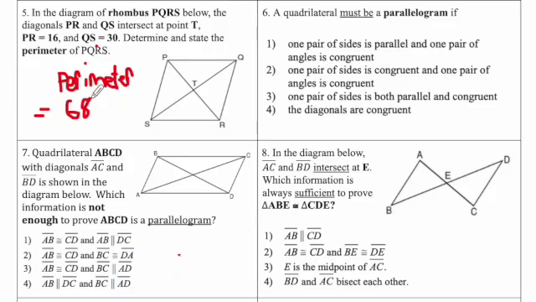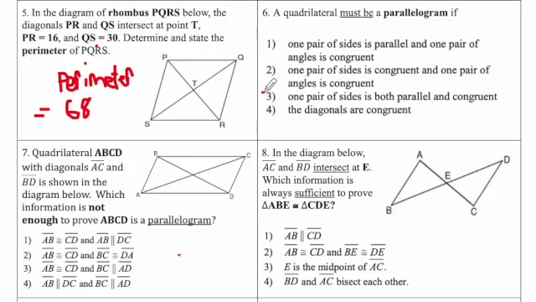The quadrilateral must be a parallelogram if: 1, one pair of sides is parallel and one pair of angles is congruent. 2, one pair of sides is congruent and one pair of angles is congruent. 3, one pair of sides is both parallel and congruent. 4, the diagonals are congruent.